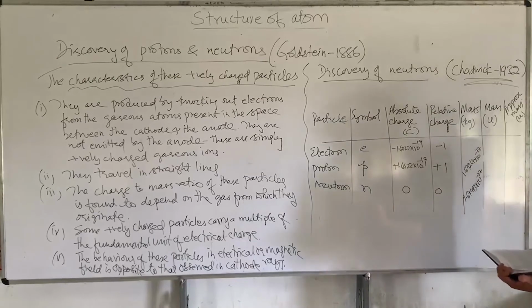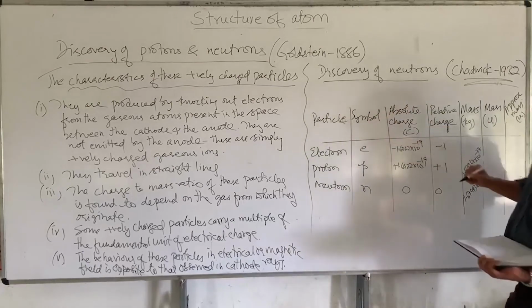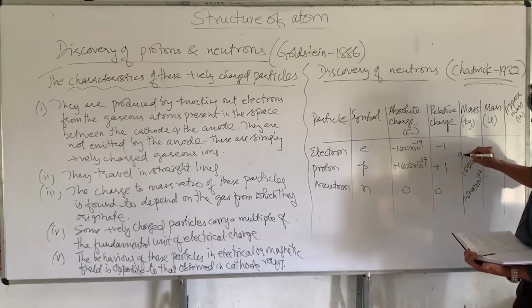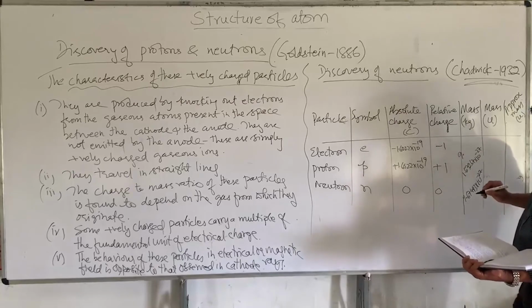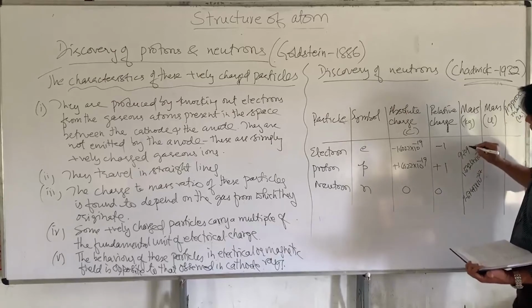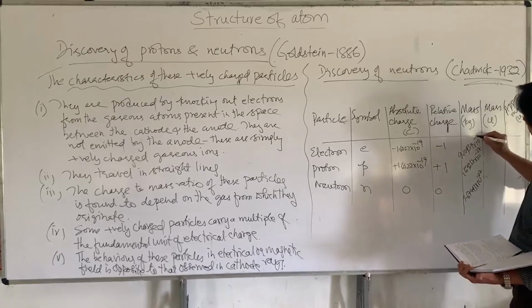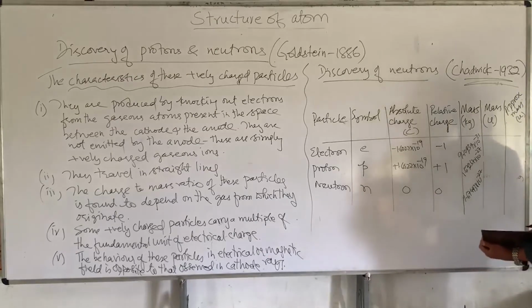And the mass of an electron is 9.10939 into 10 raised to the power negative 31 kg.